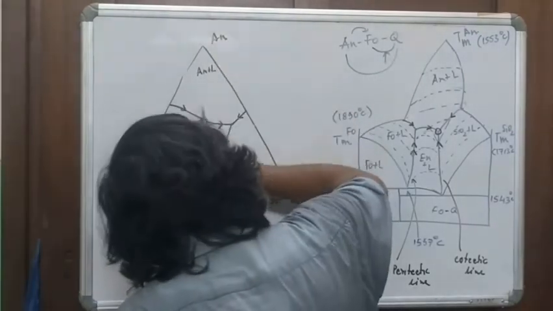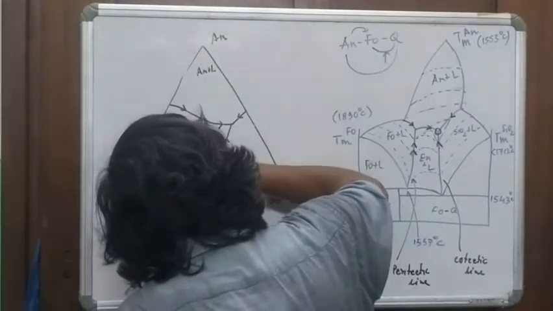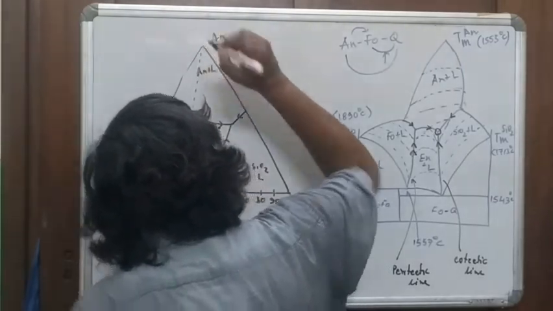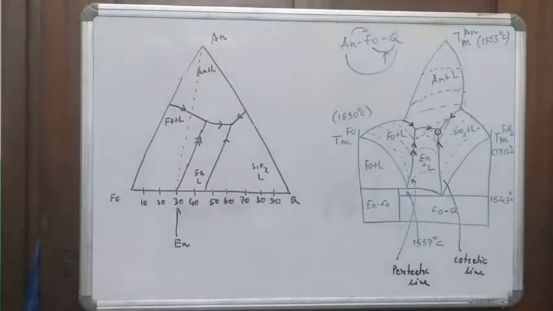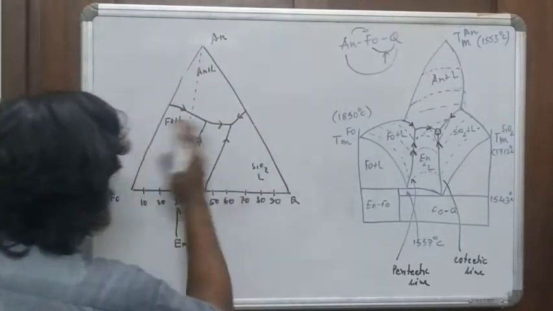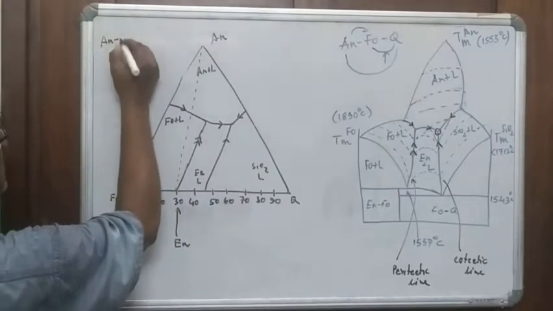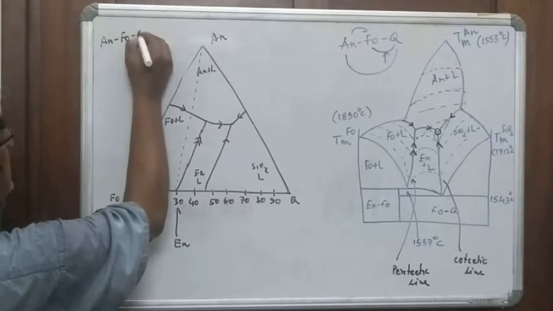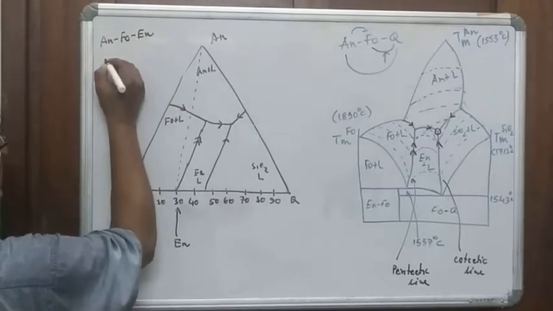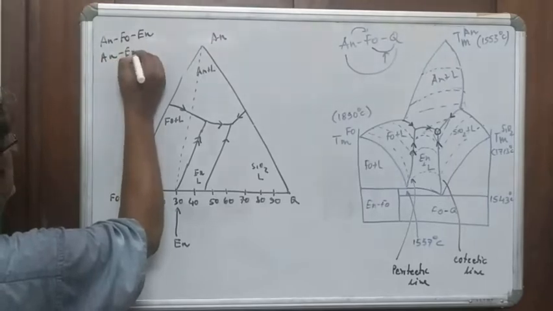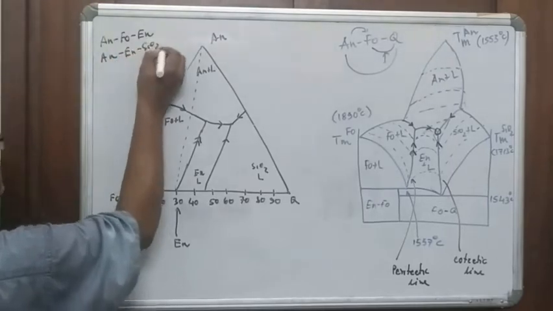And here what we do is we join it with a broken line, and it divides the triangle into two parts. One is anorthite, forsterite, enstatite, and the other one is anorthite, enstatite, and SiO2.